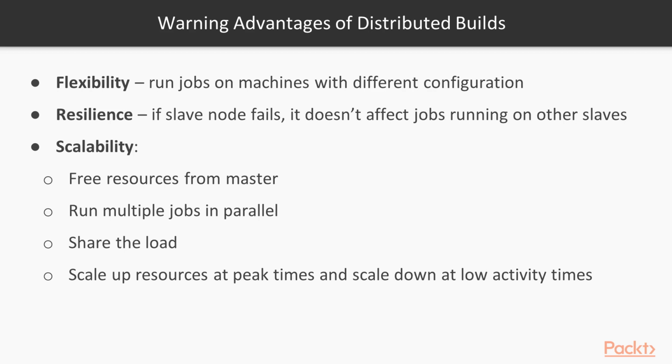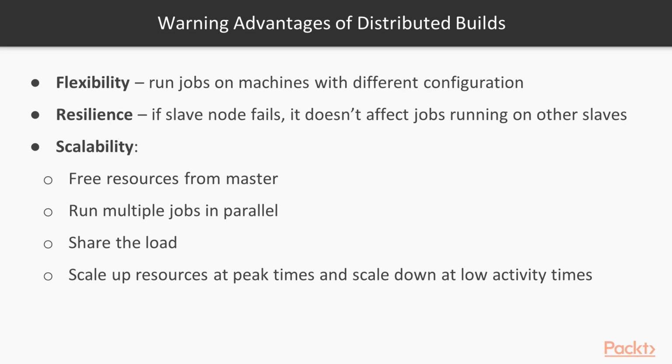In terms of flexibility, the slave nodes can be customized to run specific jobs, for example, build and test on a specific browser or operating system. In terms of resilience, the performance on the master node is improved as long-running and resource-consuming jobs are sent to slave nodes. Plus, even if a slave node fails, jobs running on the other nodes are not affected.